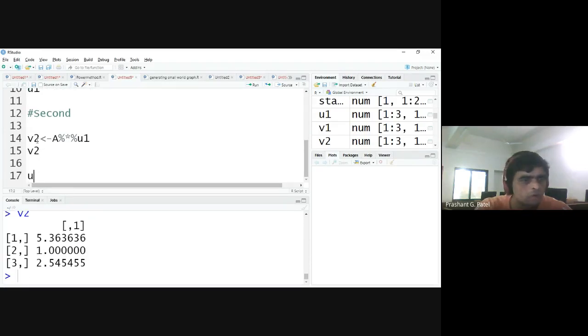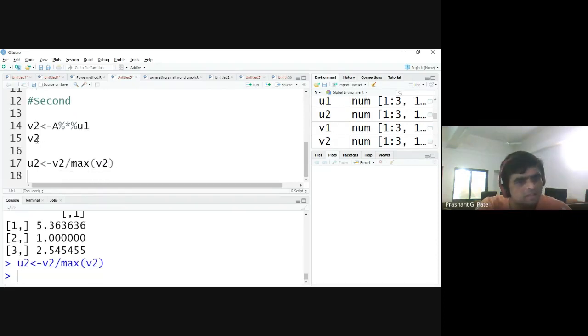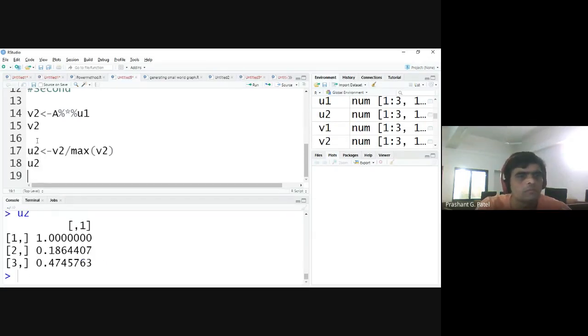Then you calculate U2, which is V2 divided by the maximum of V2. This gives you the second approximation, 1, 0.1, 0.4. You do this procedure.